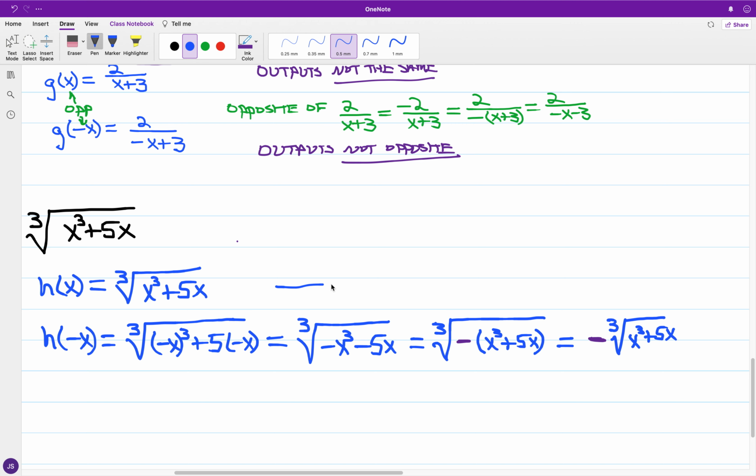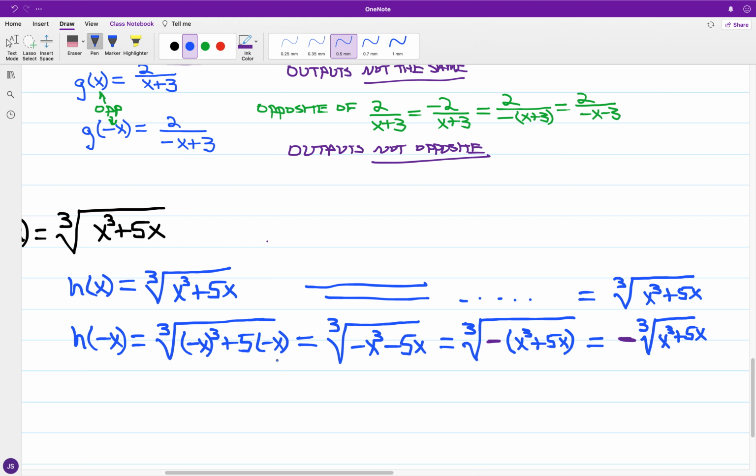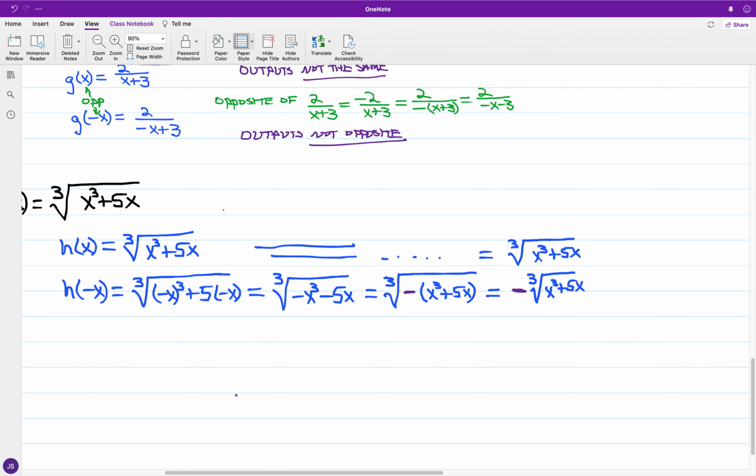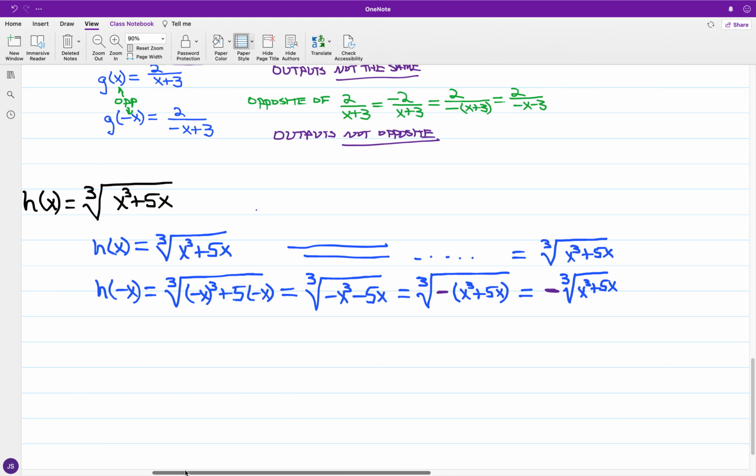And now just repeating, for h of x we have the cubic root of x cubed plus 5x. In the case of the inputs, those are going to be opposite.